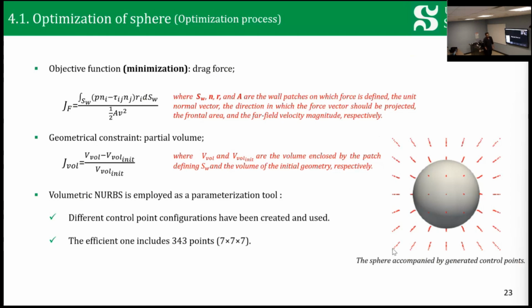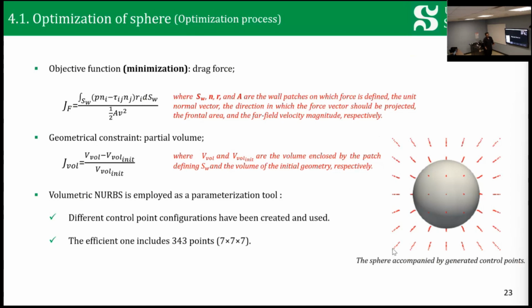The sphere is optimized in terms of drag reduction. Also, we consider a geometrical constraint for it, like a partial volume. We use volumetric B-spline as the parametrization method to modify the shape of the geometry based on the gradient information. We tested different control point configurations, and this one with 343 points is the most efficient one.